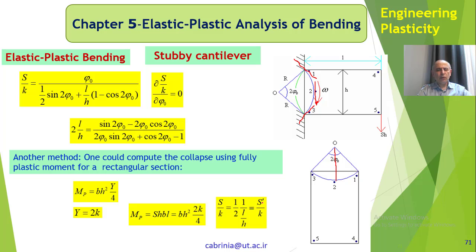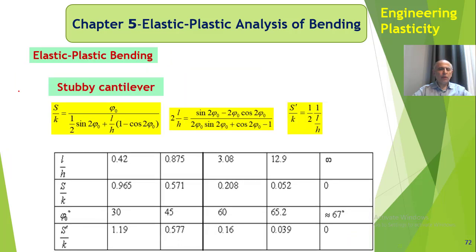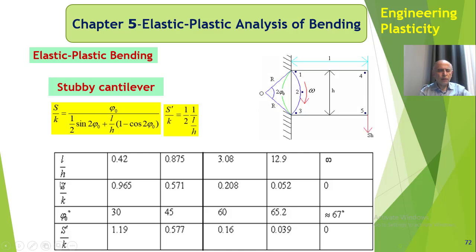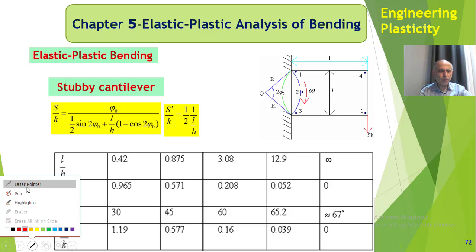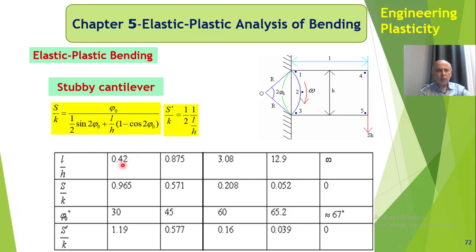So I'm going to compare S prime over K with S over K, and that's how we compare it. If we change L over H, the dimension of the beam, as you can see, it's 0.42, 0.875. It becomes almost equal.